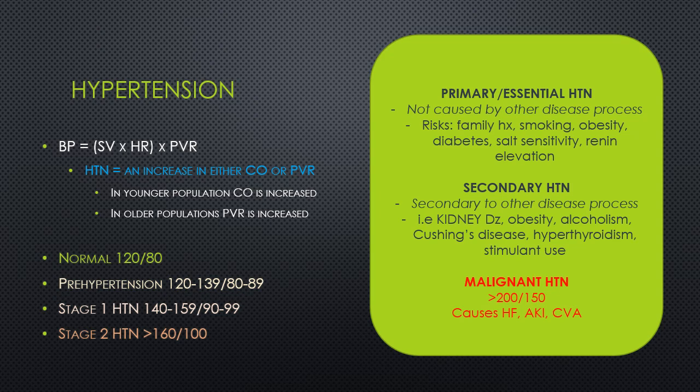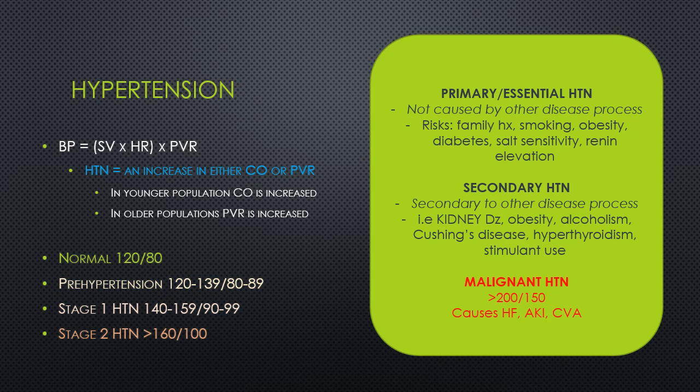So anytime you increase your stroke volume, your heart rate, or your peripheral vascular resistance, you will increase your blood pressure. In our younger populations, typically hypertension occurs as a result of an increase in cardiac output. In our older populations, it's usually a result of an increase in peripheral vascular resistance or atherosclerosis and vascular disease.